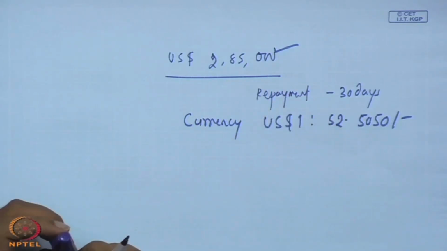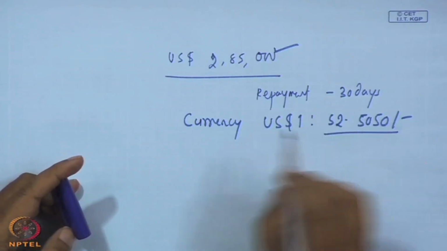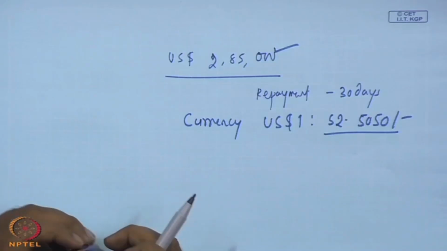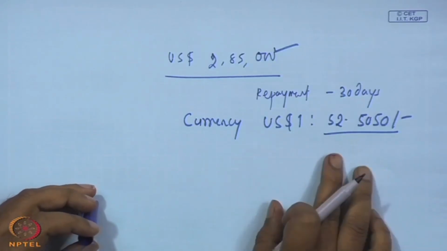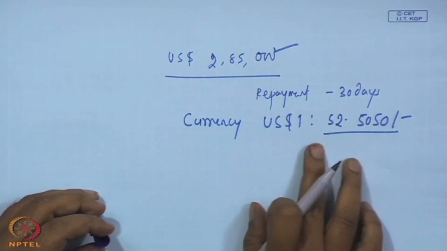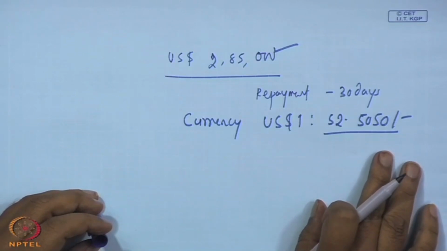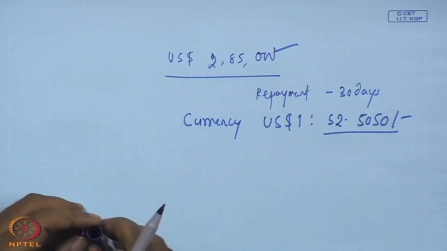But after 30 days we do not know what will be the rate of US dollar, and this creates a transaction exposure, because the dollar and rupee conversion rate after 30 days may not continue at 52.5050. A transaction exposure, how does it create?